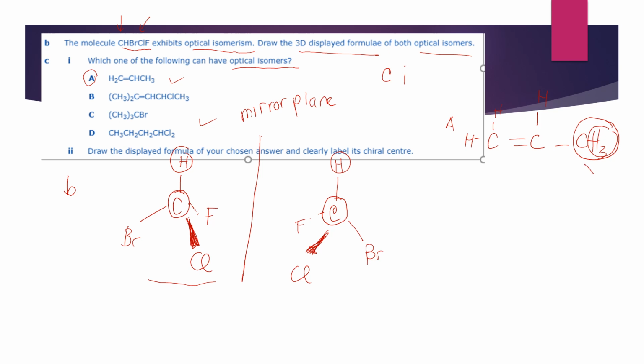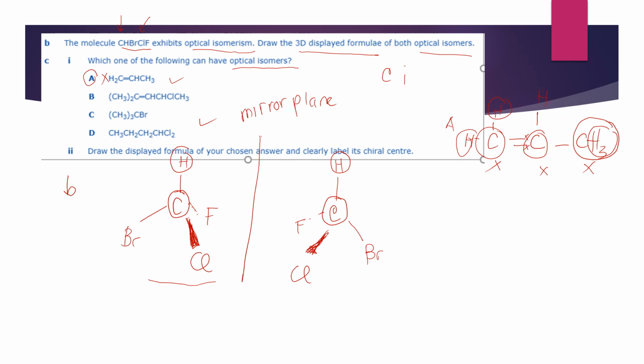This one is also not chiral because 2 valence electrons are attached to the left carbon. For the left one attached to the same hydrogen, this is not chiral. So number A has no optical isomers.